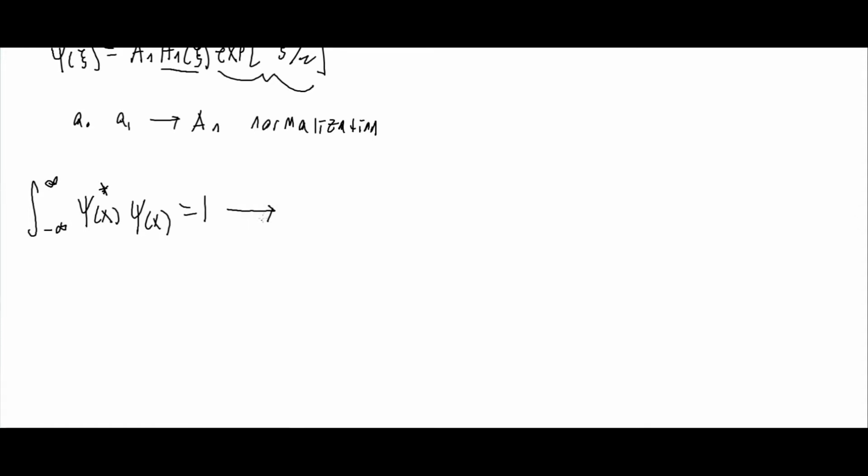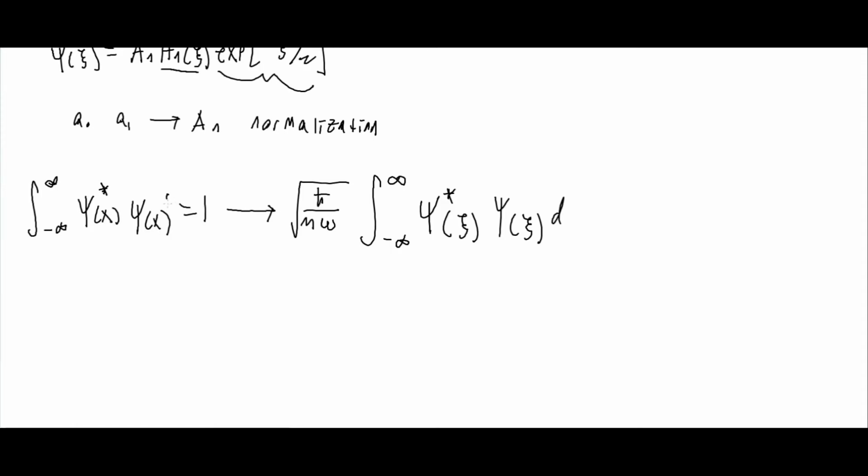And so if we convert this into what we have been using, so we've been using xi instead of x, and so that gives us this square root of h bar over m omega times our integral from minus infinity to positive infinity of the complex conjugate of our wave function as a function of xi times our wave function as a function of xi, and I guess I should put a dx over here as well.